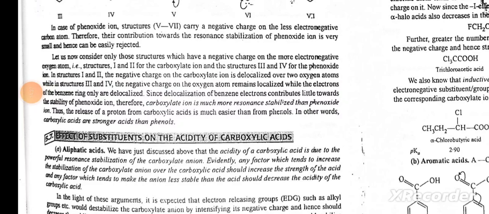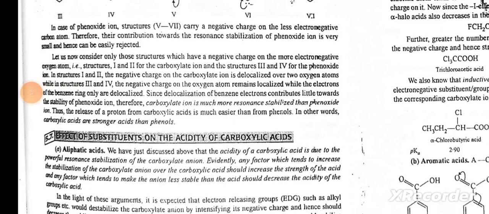In structures 1 and 2, the negative charge on the carboxylate ion is delocalized over 2 oxygen atoms, while in structures 3 and 4 the negative charge on the oxygen atom remains localized, while only the electrons of the benzene ring are delocalized.